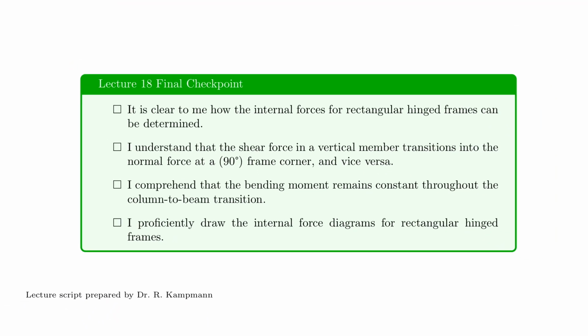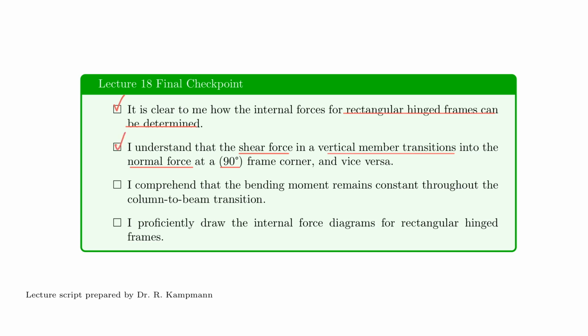So to me now it's clear that the internal forces for rectangular hinge frames can be determined just like I did before. And I completely buy into the idea that the shear force in a vertical member translates into the normal force at the frame corner into the horizontal member, and so on and so forth. So I can check that off too.